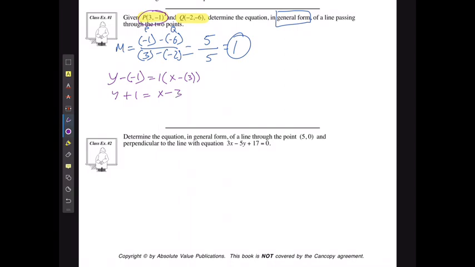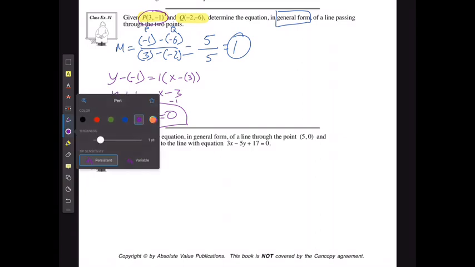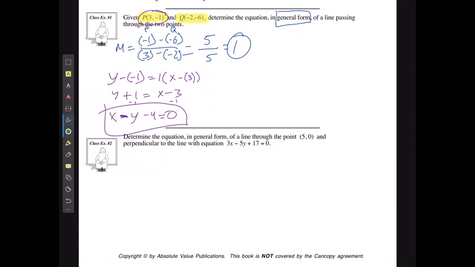And because the x is positive, when I move everything towards the x, I'm going to say that I have x. I need to subtract y from both sides, so I'm going to say minus y. And I'm going to subtract 1 from both sides and say that I have -4 is equal to 0. There's my general form.